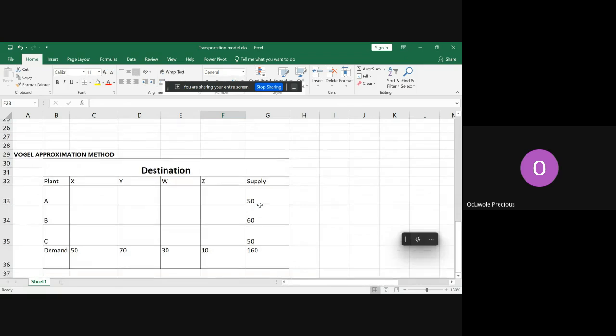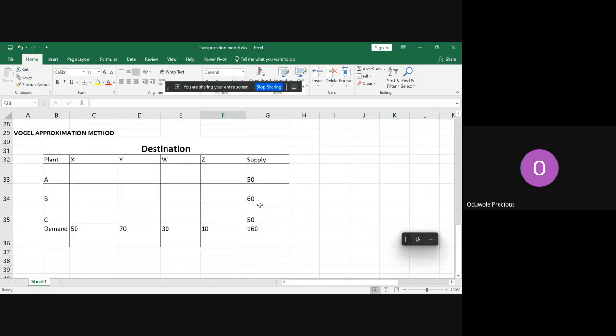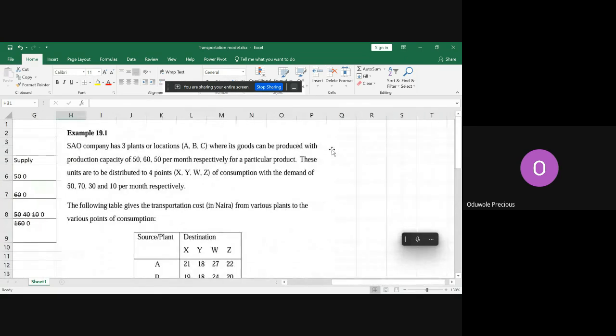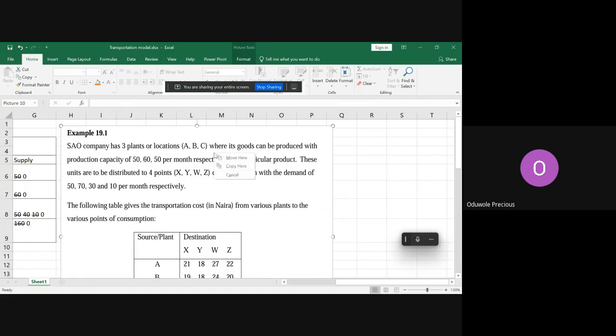So the last one is the Vogel approximation method. With the Vogel approximation method, you use something called penalties. So let me see how I can use this. I don't need this again actually, so let me remove this so that I can do what I want to do.